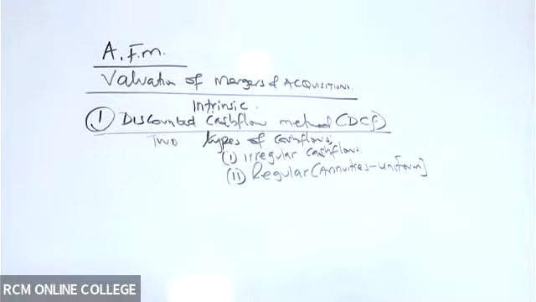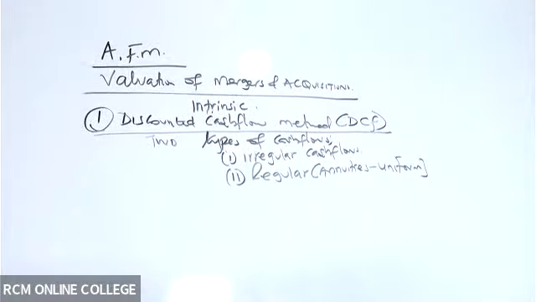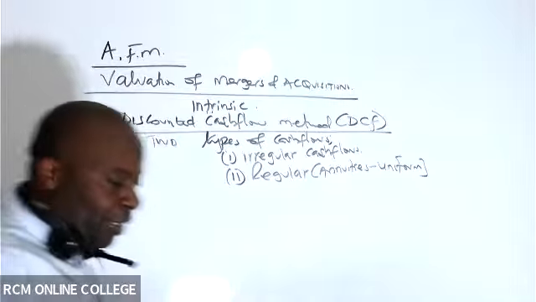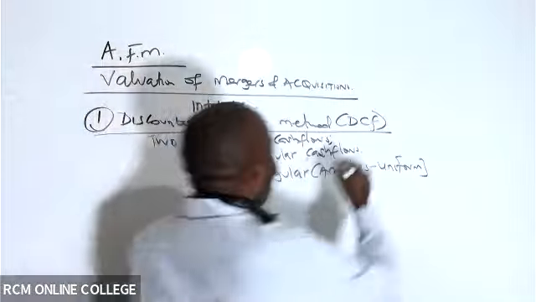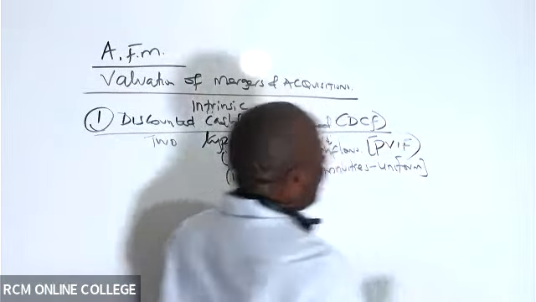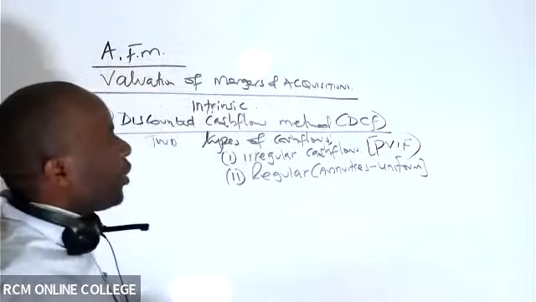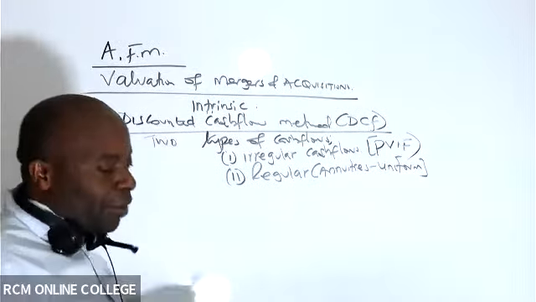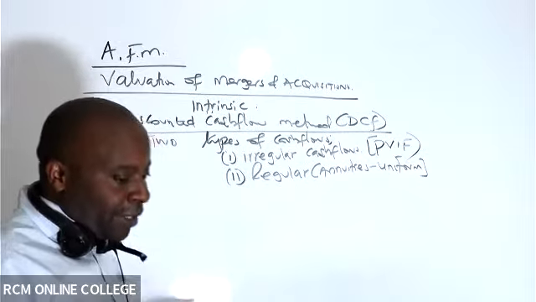To discount irregular, my good students, we normally use PVIF. You're right. We normally use the present value interest factor.